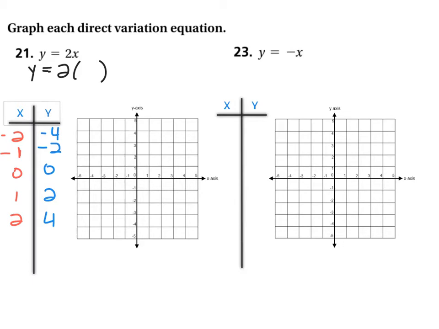Okay. The first point, -2, comma, -4. That's right there. What about this next one? -1, comma, -2. It is right there.